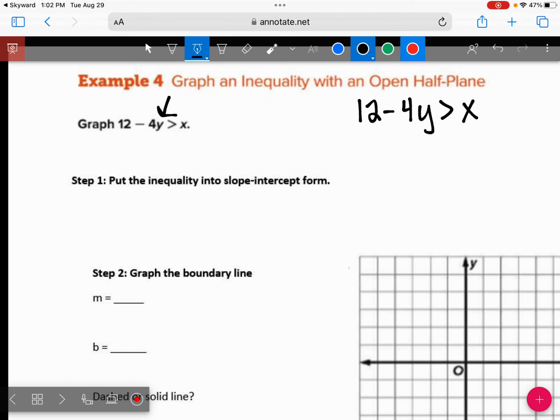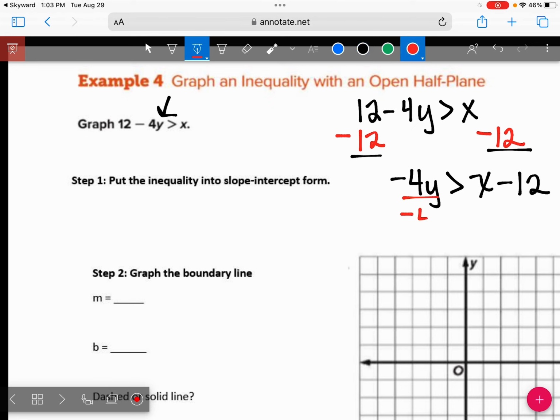The first thing I'm going to do is subtract 12 from both sides, which gives you a negative 4y is greater than x minus 12. Now that negative 4 is being multiplied, so I have to divide every single term by negative 4.